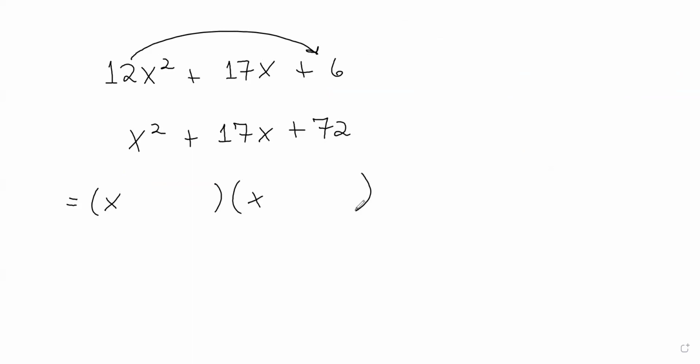Two sets of parentheses. Now, 72 is a large number, but what comes to mind? What are the common factors we always think about? 9 times 8. Let me just double check. This is positive. So the only combination of signs I can have are plus plus or minus minus.